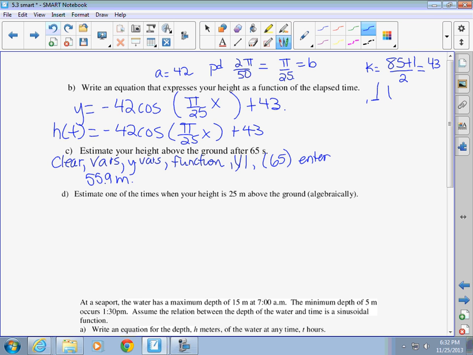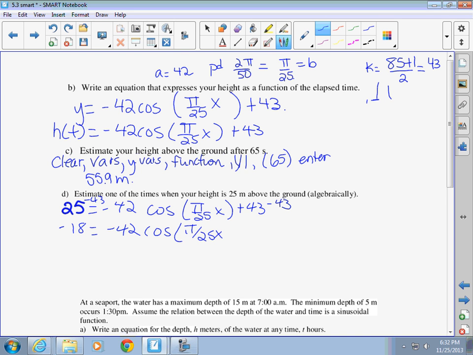Okay, the next part says estimate one of the times when your height is 25 meters above the ground. This one wants us to do it algebraically, so that's when we would substitute in here. We would say 25 is equal to negative 42 cos (pi over 25)x plus 43. First, we subtract that 43, and we have negative 18 equals negative 42 cos (pi over 25)x.